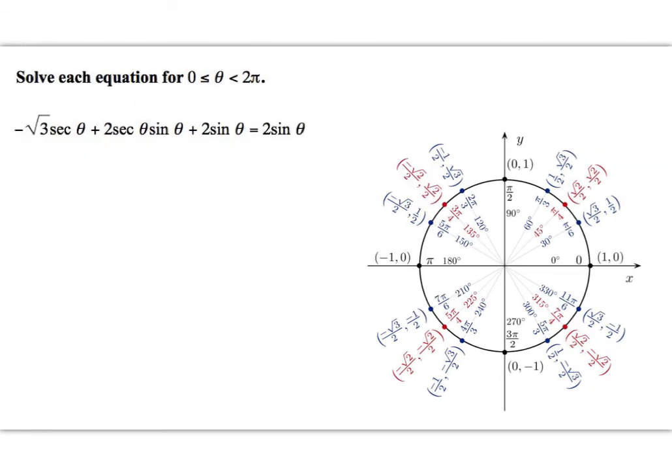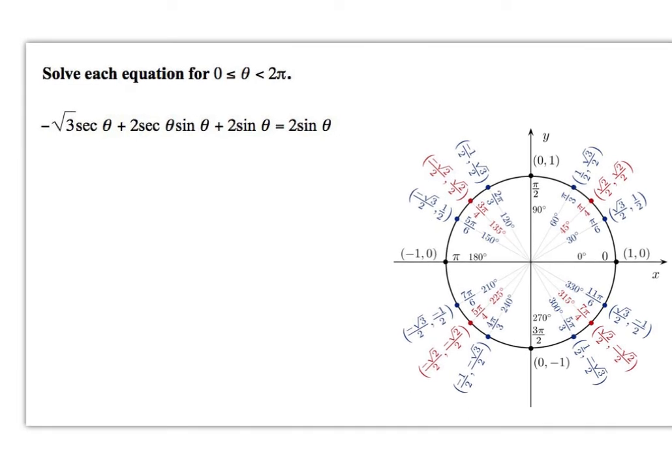The other thing we may have to deal with is stuff with some identities. And here our goal is to combine things into as few things as possible. One thing I noticed, I've got both sine and secant here. So it might make sense to try to convert things into sine and cosine and see if I can make some sense of that.